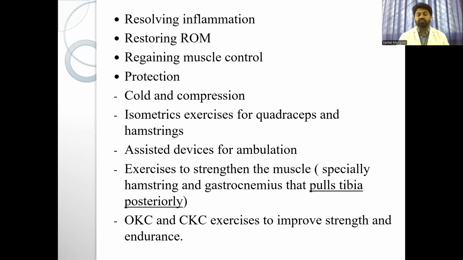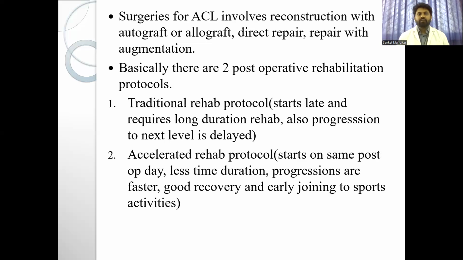Open kinetic chain and closed kinetic chain exercises improve the strength and endurance of the joint as well as muscles. Surgeries for ACL involve reconstruction with autograft or allograft, direct repair, or repair with augmentation. This approach is mostly used if the patient fails conservative management.